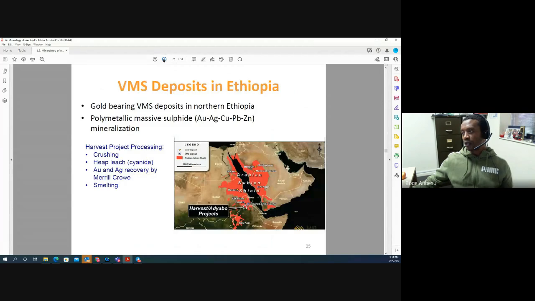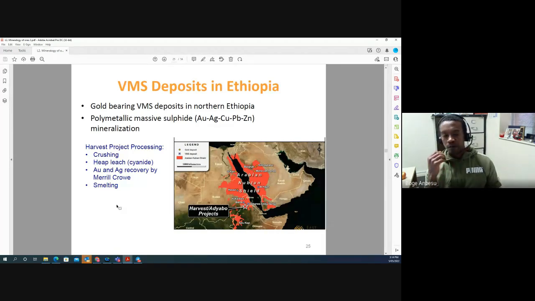Okay. In terms of locations in Ethiopia, I think there are several examples, but typically they are found in the Arabian-Nubian Shield, somewhere around the Red Sea. And there are a number of examples in northern parts of Ethiopia and in Eritrea. So there are a lot of VMS deposits around there.